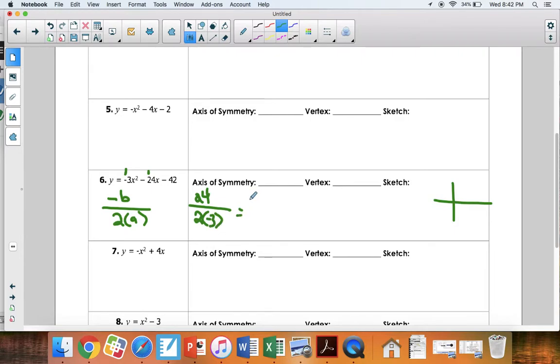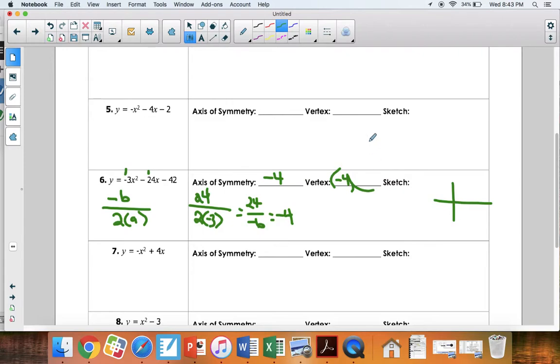So we end up with 24 over -6, which ends up being -4 again. Did not intend that. So the first part of our vertex is at -4.